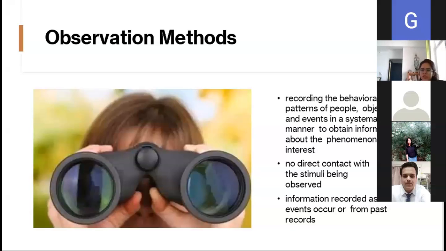So next is observation. Observation is when you are not asking any question, you're just observing the respondent. What do you think? What are the advantages of observation? You're observing the behavior, for example, mystery shopping.